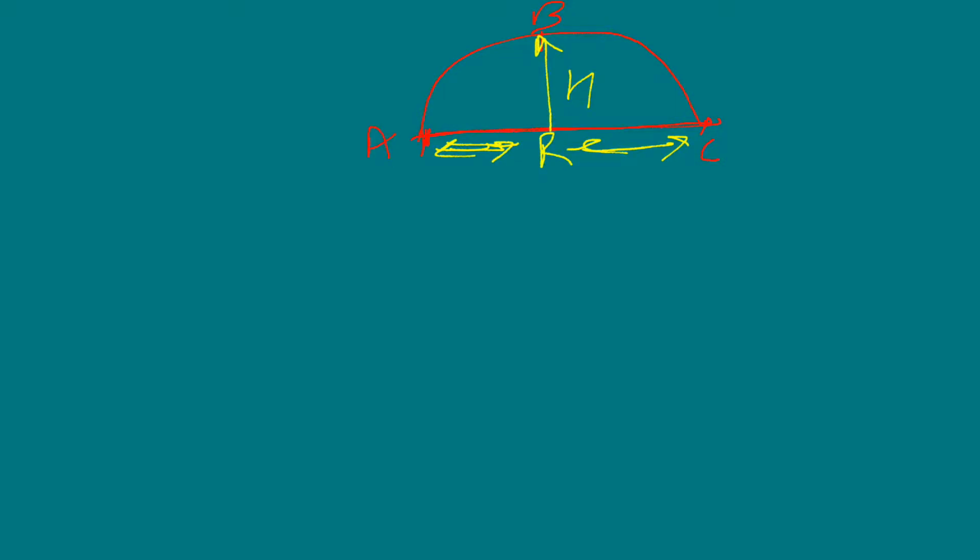As we know very well, along the x direction the initial velocity is considered as u cos theta, and along the y direction the initial velocity is u sine theta. So we will write all the values for the x direction.